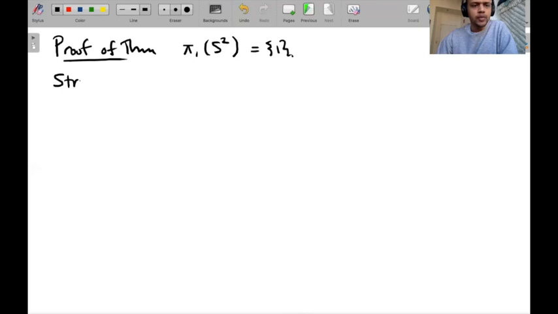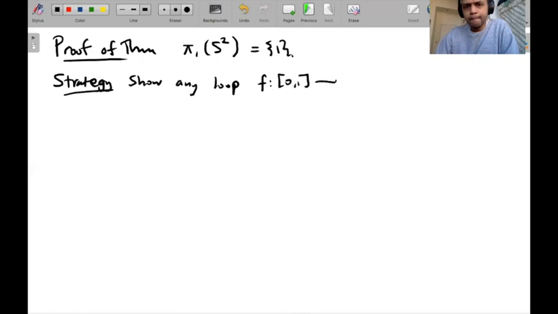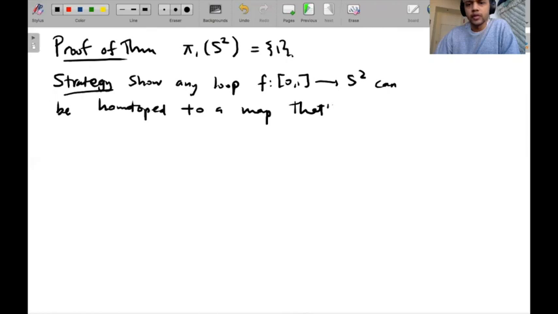Right, so the strategy is to show that any loop F can be homotoped to a map that's not surjective.